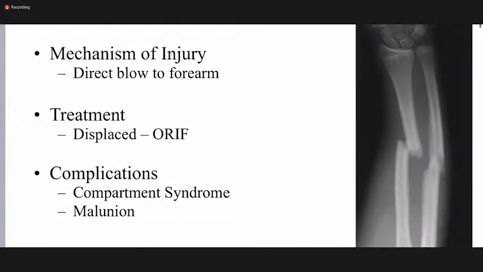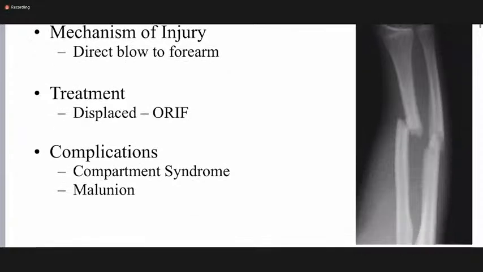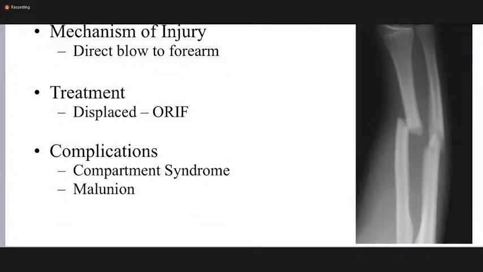Treatment, when they're displaced, you do ORIF, that is open reduction internal fixation, usually with plates and screws. In the rare situations where they're not displaced, plaster, above elbow plaster. Complications of forearm fractures in both bones include not only compartment syndrome, but also malunion.